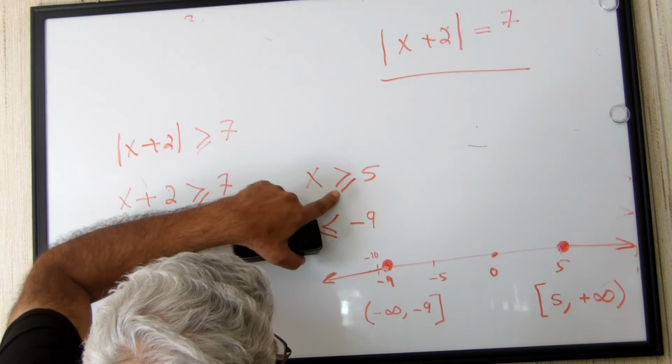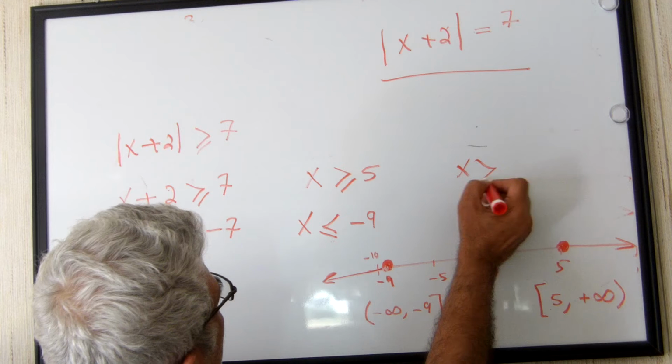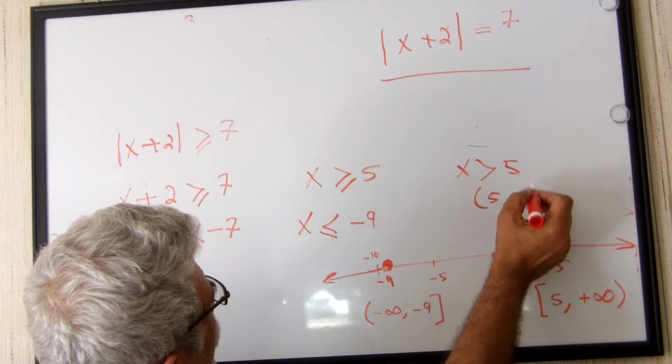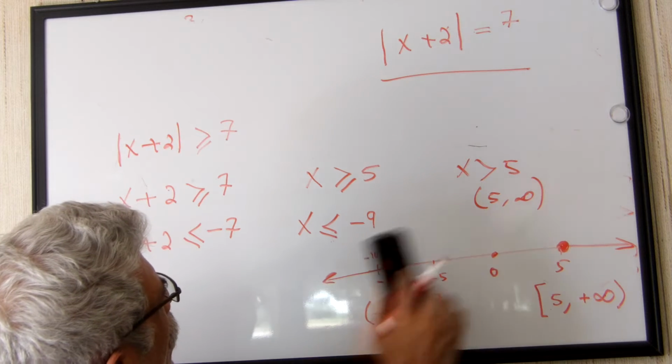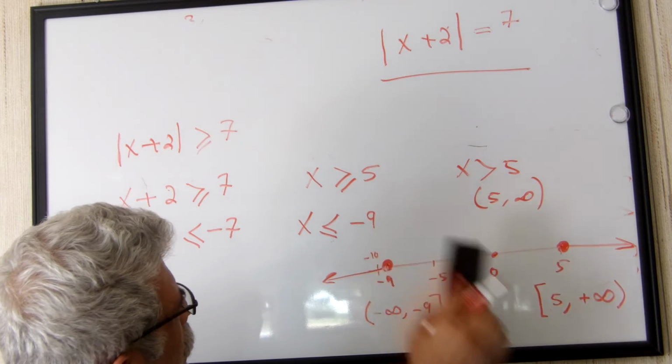If it was x larger than 5, we just say 5 up to infinity. We don't use the bracket. When it's equal to, we use that.